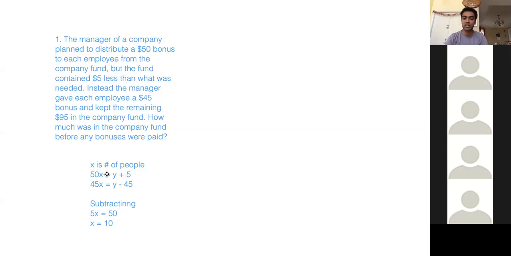And you have two equations, two variables. You can solve for x, plug it back in, and solve for y again. And you'll see that y is equal to 995.